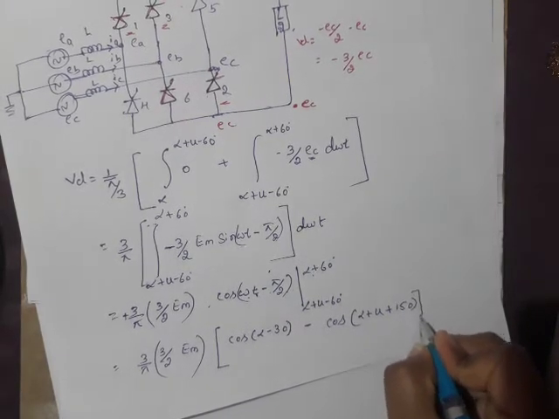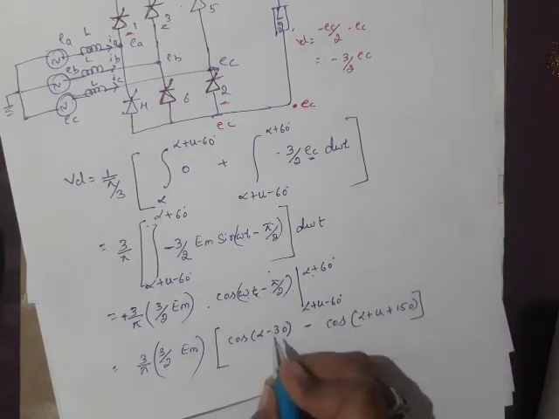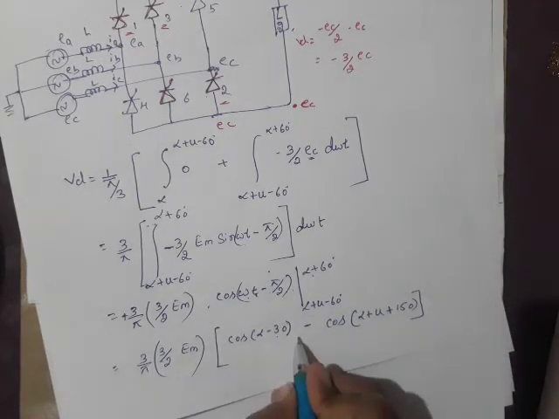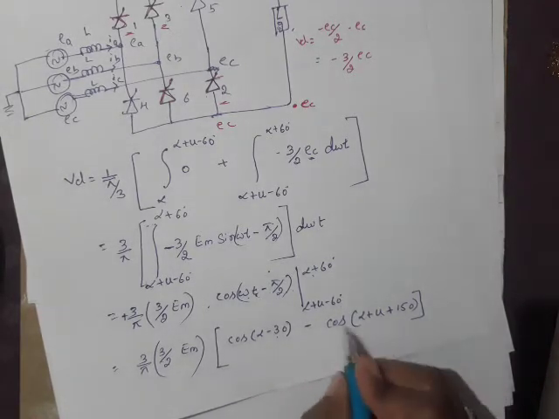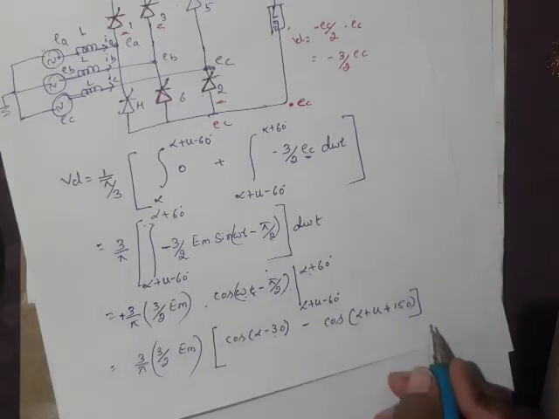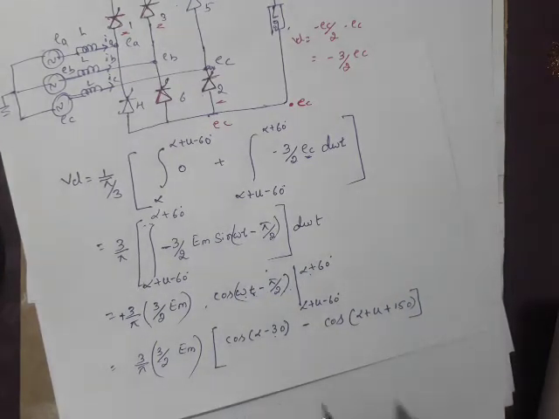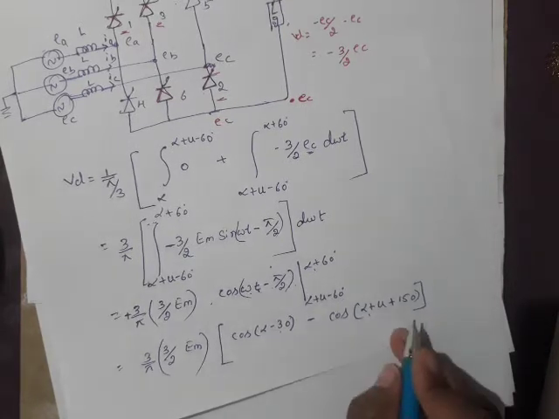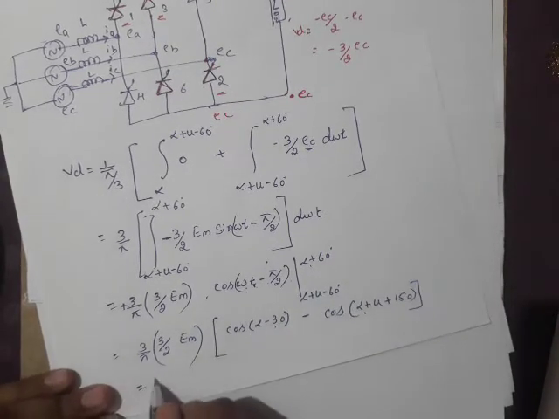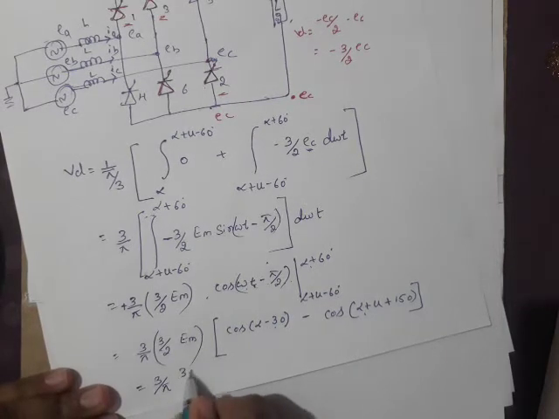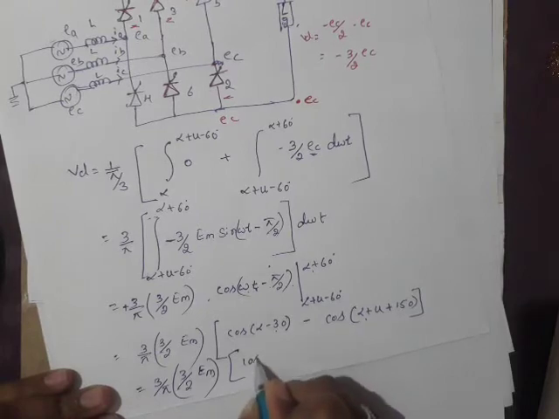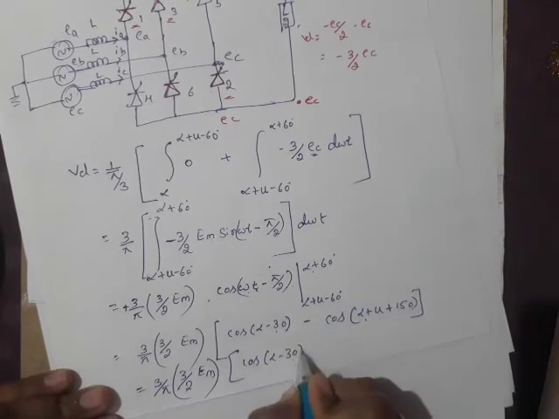But we cannot keep this as 150 degree because here we have 30 degree. So I will try to change this 150 degree to 30 degree. Cos of 180 minus angle is minus cos angle. So this will become 3 by pi, 3 by 2 Em, cos of alpha minus 30 degree.